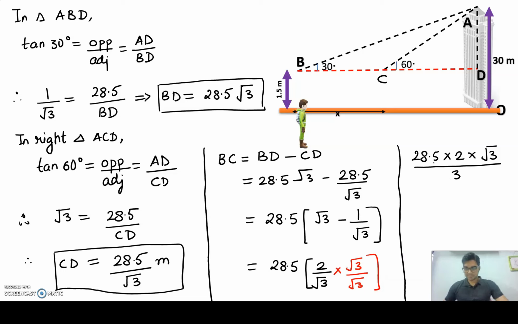Now this we can cancel. So 3 ones are 3, 3 nines are 27, and then 5s are 15. So 9.5 into 2, that is 19. 19 root 3 will be the answer. I hope you have understood how your distance is 19 root 3 meters, that is BC. And this is your final answer.